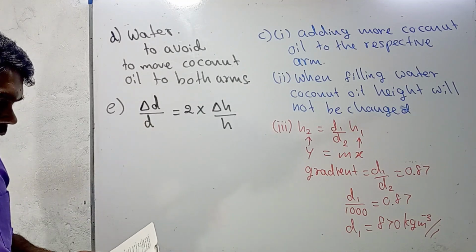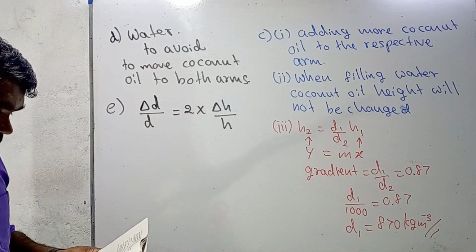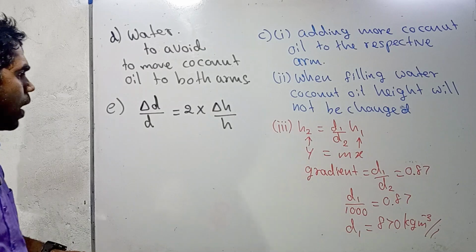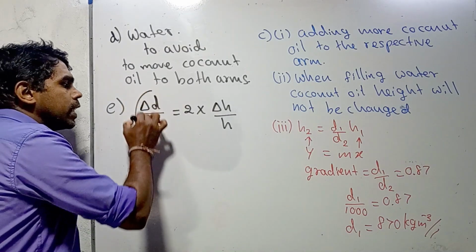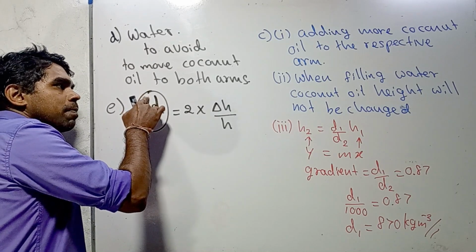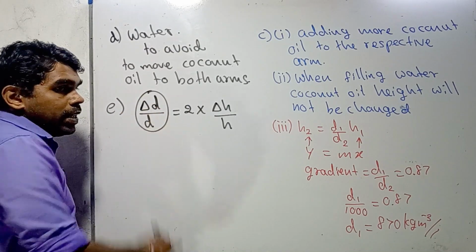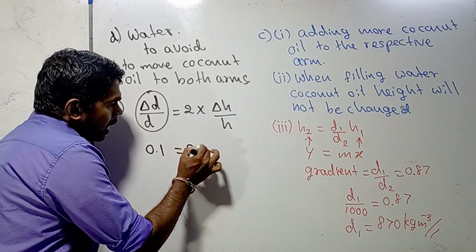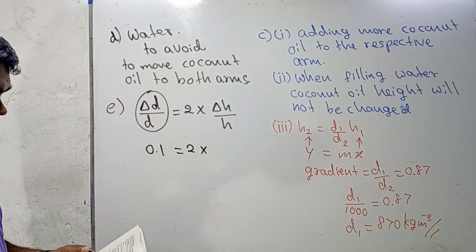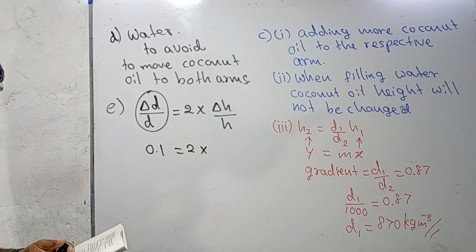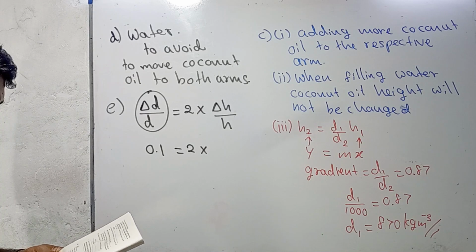Now we have to determine the density with a fractional error of 0.1. The fractional error of density means the least count or maximum error of density divided by the density reading. It is 0.1, equal to 2 times the fractional error of height. We have to find the minimum height possessed by the liquid column.